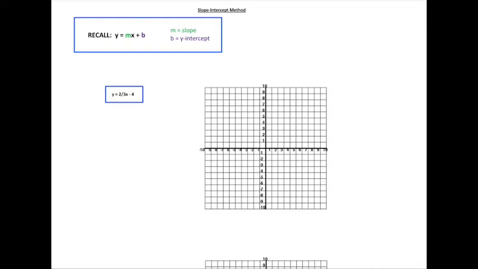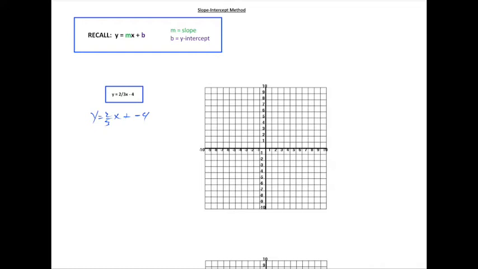And we just got done talking about the y-intercept. That's where it crosses the y-axis. So we come over here to our equation and we see that it's in y equals mx plus b form. It may not look like it because it's a subtraction here, but we can always write subtraction as y equals 2/3 x plus a negative 4.